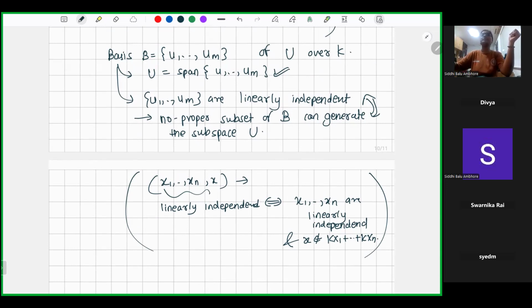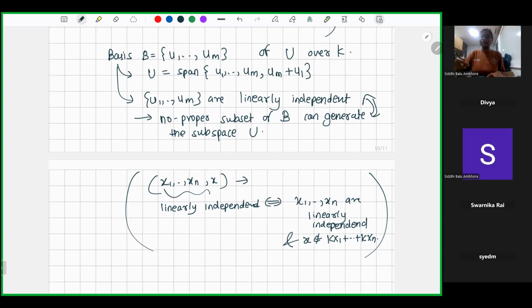Minimal spanning set means that no proper subset of that set can generate the entire space. A spanning set could be anything. For example, if I add u1 again here, this will still span my subspace U.